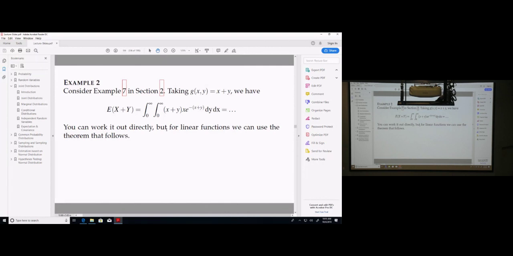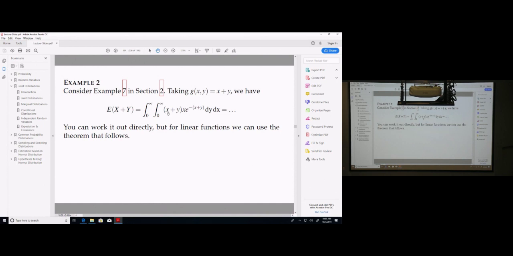Now, in a way, this kind of expression is already considered to be quite easy to integrate. So you can work it out directly, but for linear functions, we can use the theorem that follows.